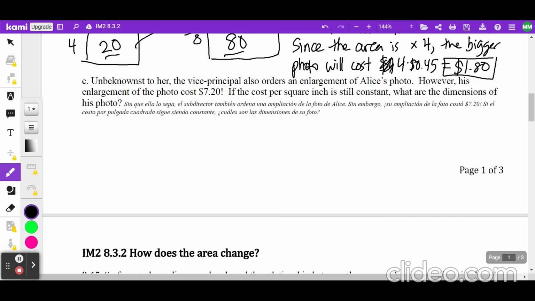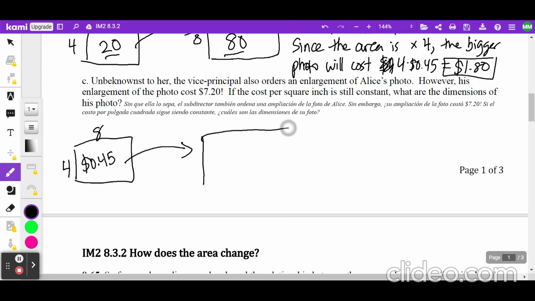So we are going from 4 by 5, which is 45 cents, all the way up to, I'm not sure, question mark by question mark. I'm going to assume that this is a good enlargement where the shapes are similar and nothing is cut off. And this costs $7.20.